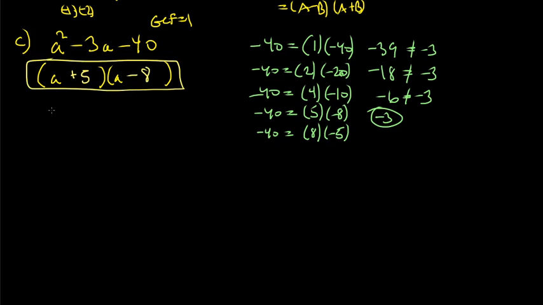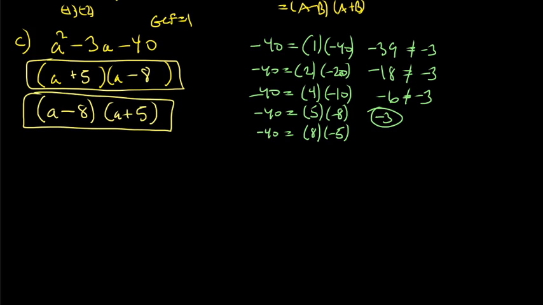And that's it. Again, order doesn't matter, so if you write a minus 8 times a plus 5, that's also correct. In fact, let me warn you that a plus 8 times a minus 5 is wrong.